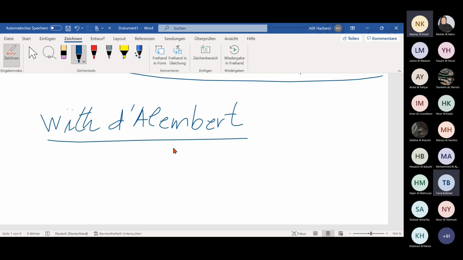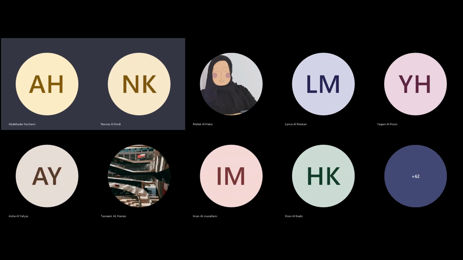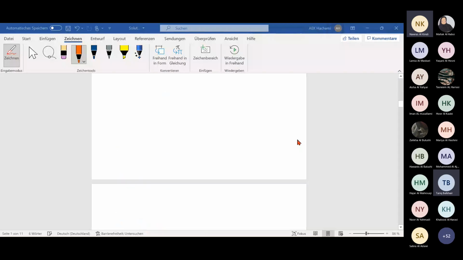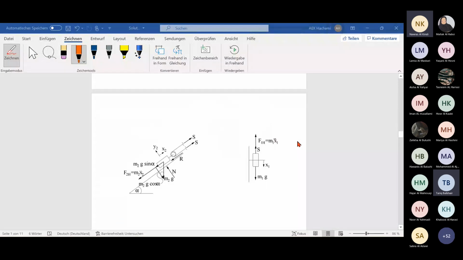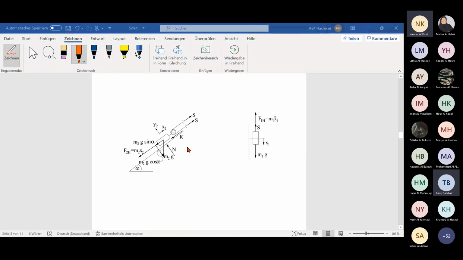Which means if we look now to the picture here, we see that it is the same. What we have as external forces is the same as for the case when we apply Newton's law.